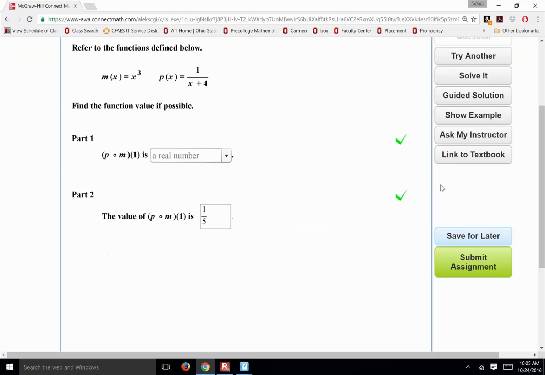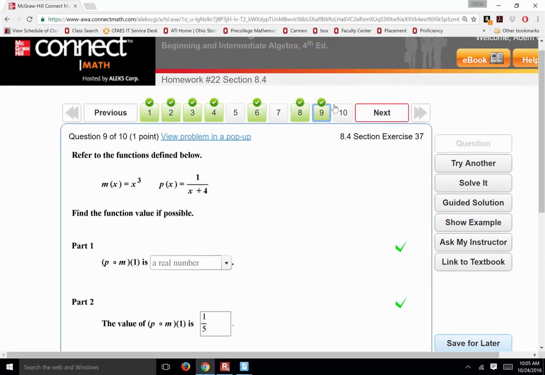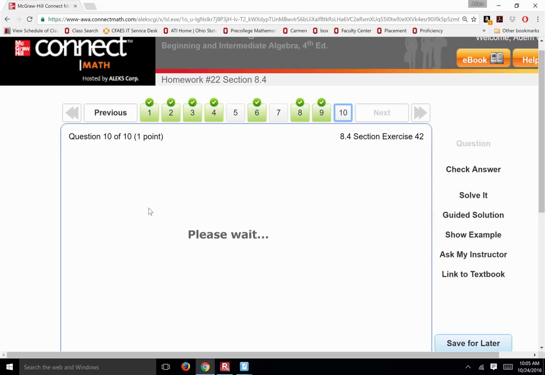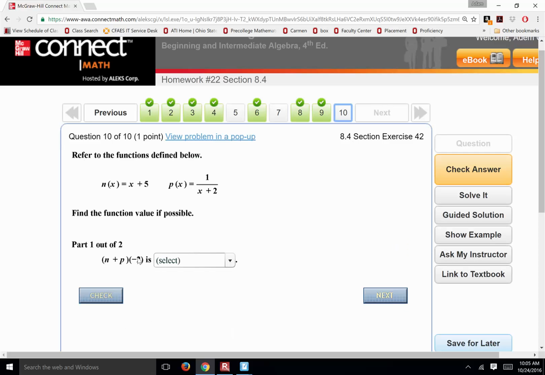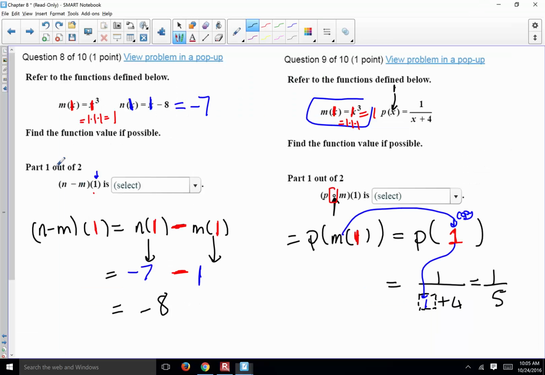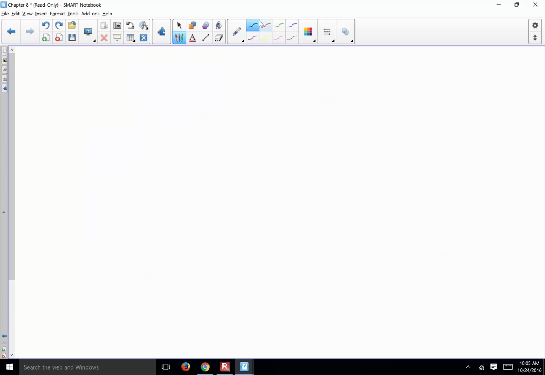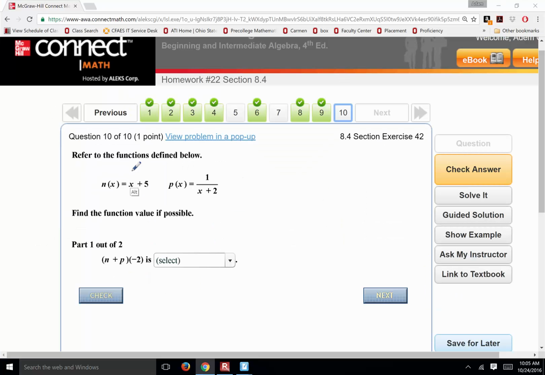Alright, the next question is for you, because it's not any harder than what we just solved. You're going to compute an addition of two functions, addition only. So you enter -2 in n, you enter -2 in p, and you will get something surprising. What do you expect to get? Let's do it quickly, because that's an interesting question.